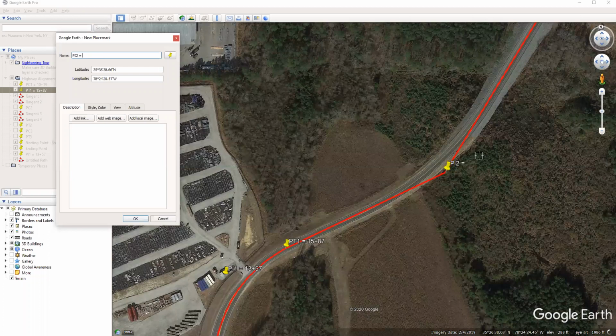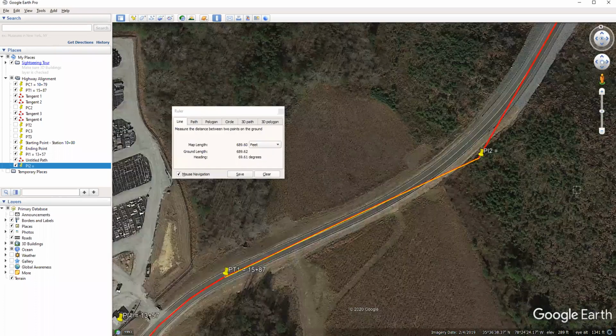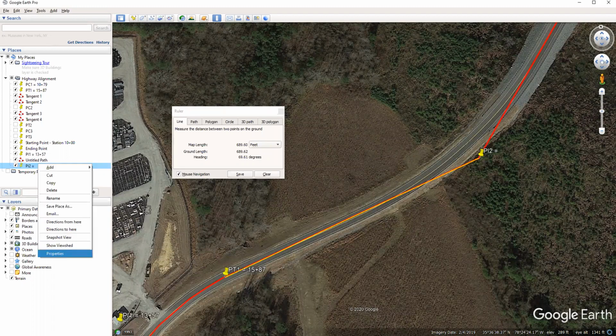So we're going to measure from PT1 to PI2, 689 feet. So PI2 is 15 plus 87 plus 689, which will give us a station for PI2 of 22 plus 76. So we'll update that: 22 plus 76 is the station for our PI2.